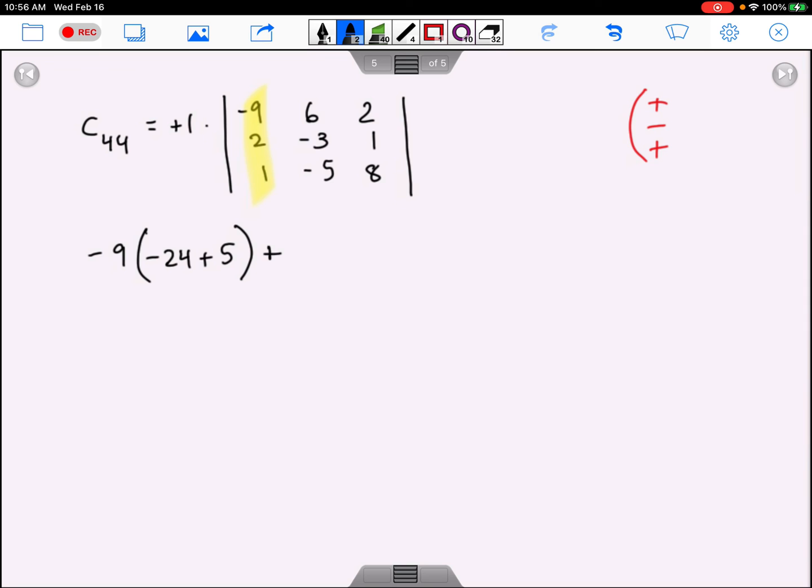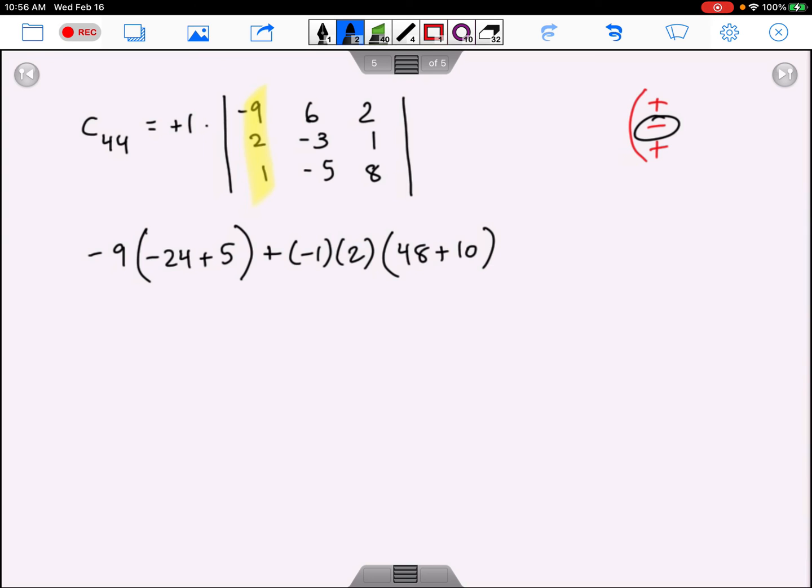Now what? Well, now we're here. We need the negative. Negative 1 times 2 times, now we have to do the determinant of what's left. Determinant, remember, delete that row, that column. So we get 48 plus 10.